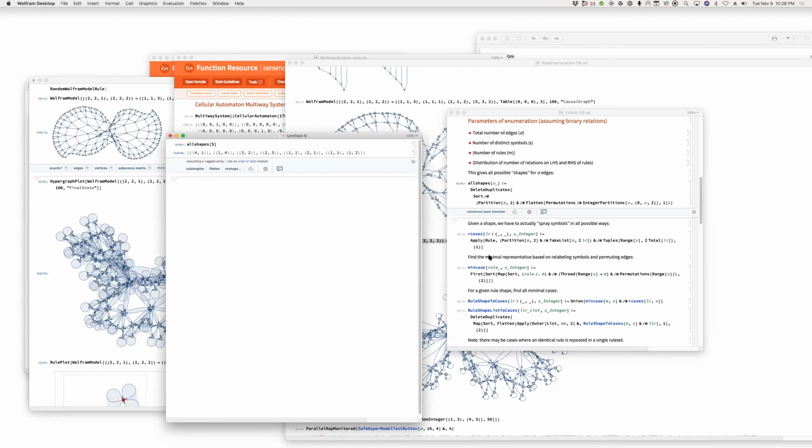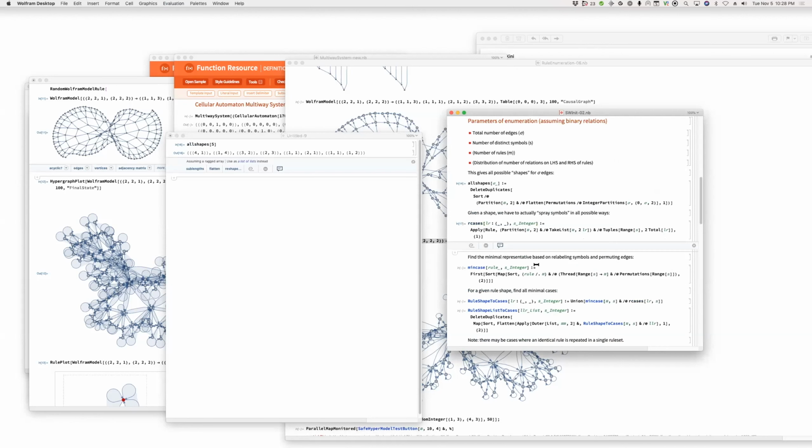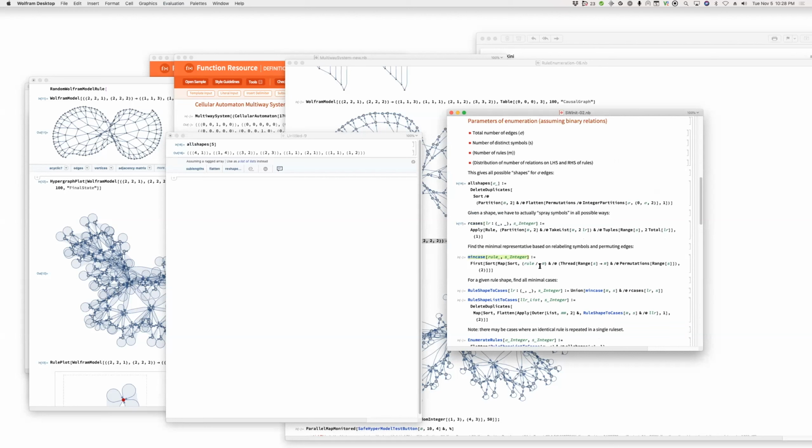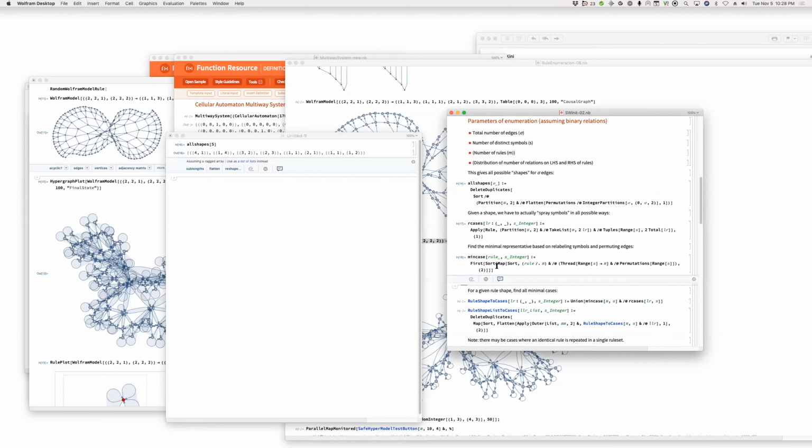And I don't understand what this code does at all anymore. Okay, this min case is my simple canonicalizer.